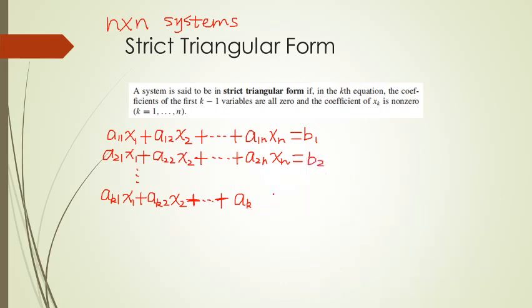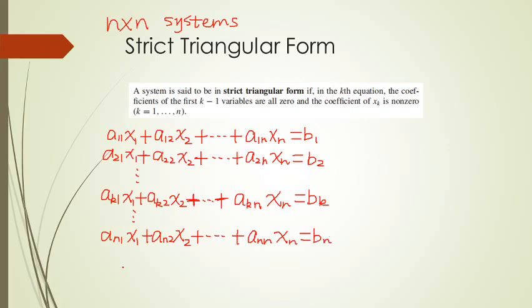Let me just write again. a2k x2 and akn xn equals bk. That is the kth equation. And the last one will be an1 x1, because we have n equations, plus an2 x2 plus ann xn equals bn, right?